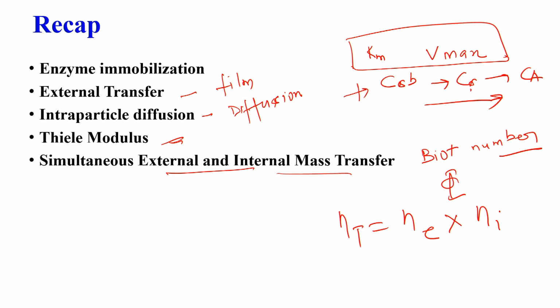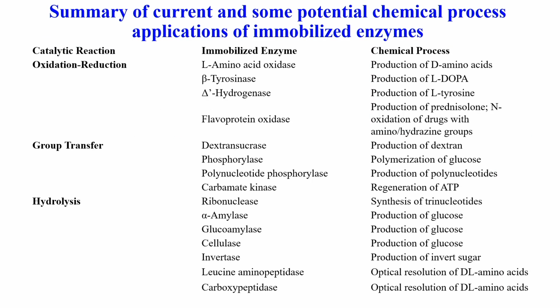Now, considering this kinetics part of applied enzyme catalysis, what we are going to discuss today are some potentials of immobilized enzyme. Like you can see reaction types: oxidation reduction, group transfer, hydrolysis.